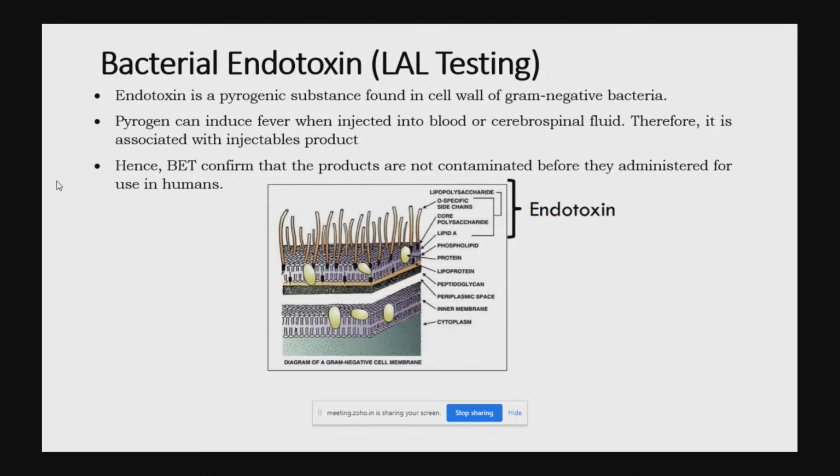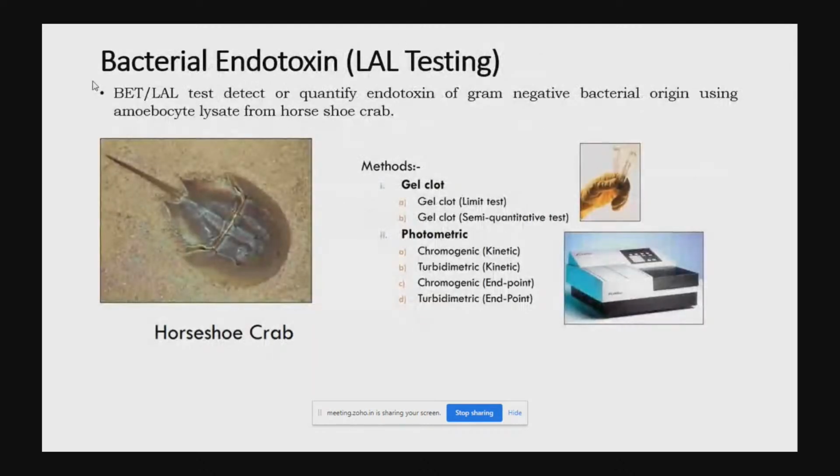How do we perform the endotoxin test? For the endotoxin test, there are two types of methods available. One is the gel clot method, and the other is the kinetic method. Both techniques are similar, but what is the main difference? Gel clot is a manual one. We just incubate the tubes, invert them, and check whether gel formation has occurred or not.